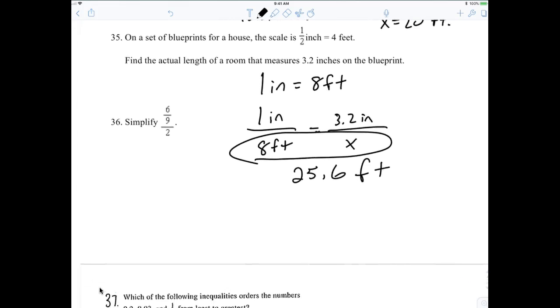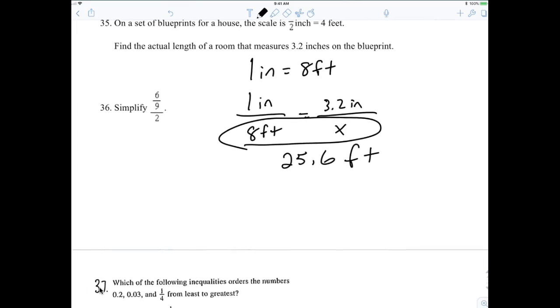Now, 36. I want you to write down what 36 means. 36 means 6/9 divided by 2. So it's times 1 over 2. That's how I want you to write it down. Not just the calculator. I want you to say 6/9 times 1/2. Because division changed to multiplication, you take the reciprocal.